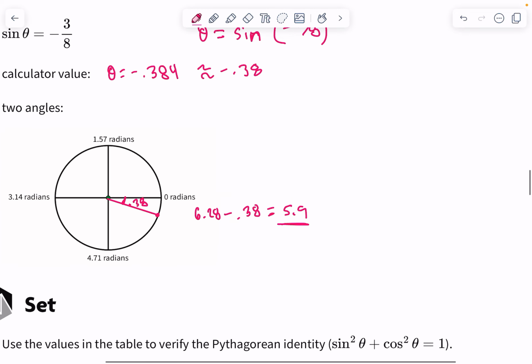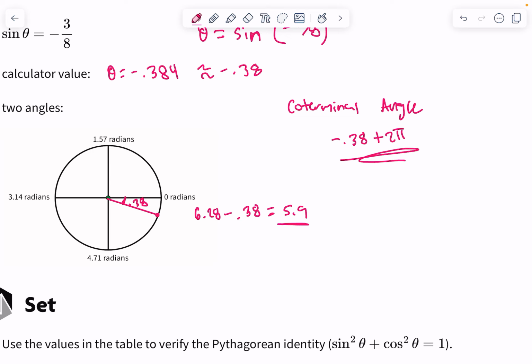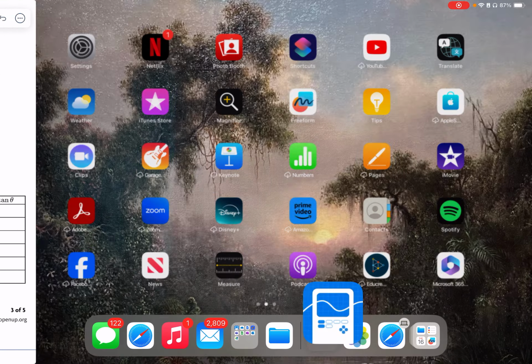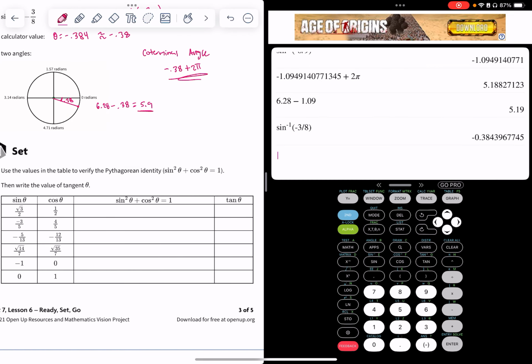Or if you like doing it the other way, you can do it using a coterminal angle, negative 0.38. Now that's here. How do I get the positive version? I add 2 pi. And I actually like this way a little better, because I think coterminal angles are a lot simpler, or a lot easier, I would say.